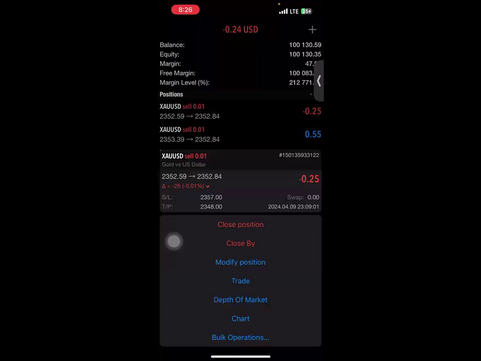Maybe it has not gotten to your TP yet. Maybe your target is like $50, and you've already gotten the $50, but it hasn't gotten to your take profit yet, so you want to close it. The money that it has made me is enough for now. Let me close this trade.